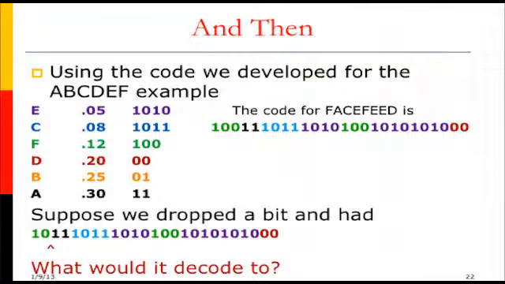Sorry, 10 is not the end of anything. 101 is not the end of anything. 1011 is a, sorry, that's 10. Yeah, 1011 nicely works out to be an A.